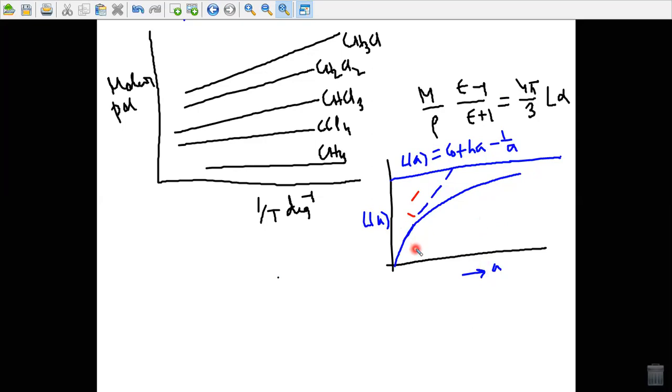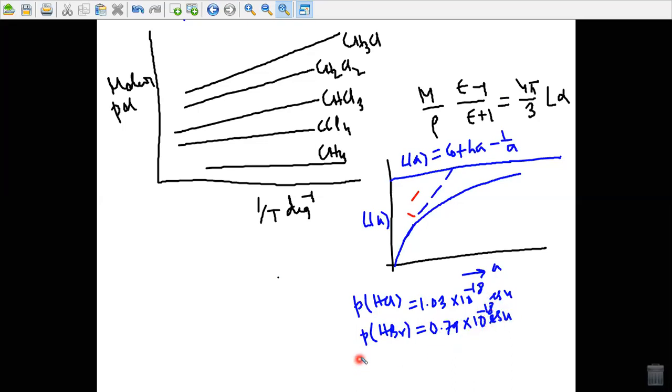In this way, one obtains, for example, the following dipole moments. For the asymmetric molecule HCl it is 1.03 times 10 to the power minus 18 ESU, the dipole moment of HBr is 0.79 times 10 to the power minus 18 ESU, HI is 0.38 times 10 to the power minus 18 ESU, and water is 1.87 times 10 to the power minus 18 ESU.